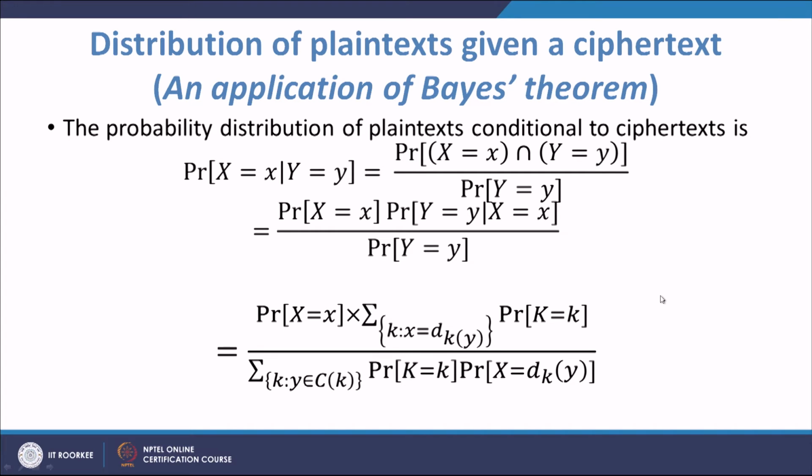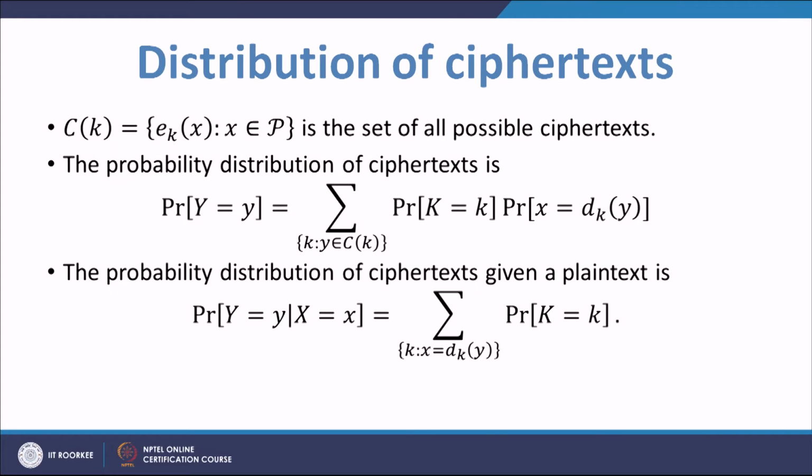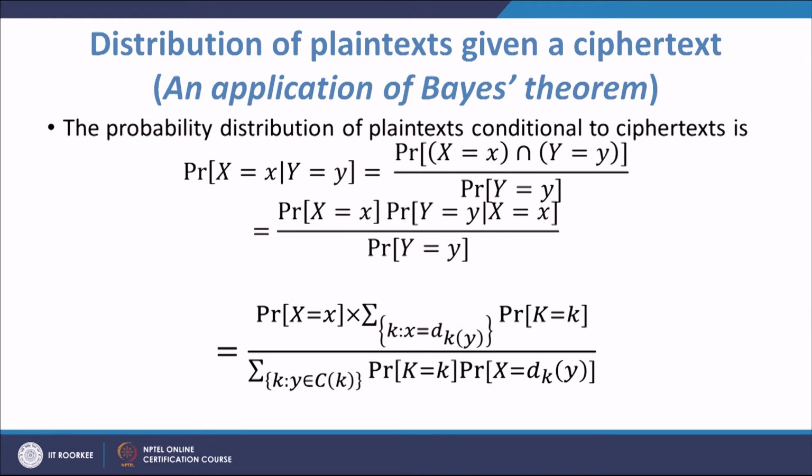And now we go back to our previous expressions. Here we have the expression for probability of Y equal to small y, and we have the expression for probability of Y equal to small y given X equal to small x. If we plug in those things, we get this expression: probability of capital X equal to small x into the sum, which is equal to this thing, and in the denominator we have the other sum that we have discussed in the previous slide.